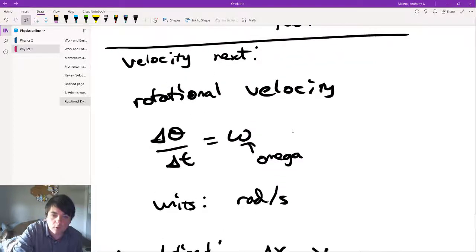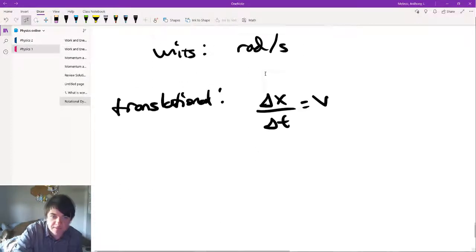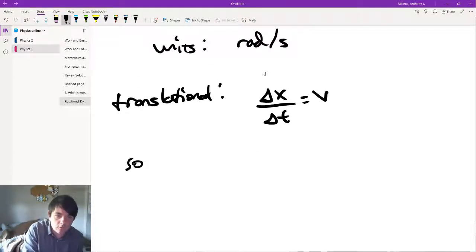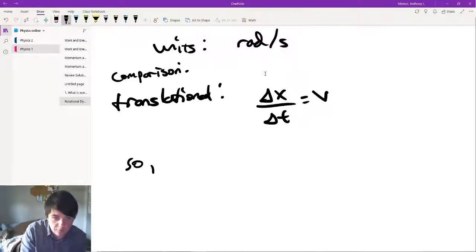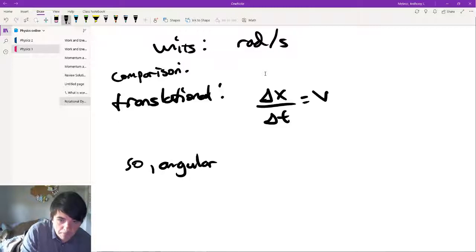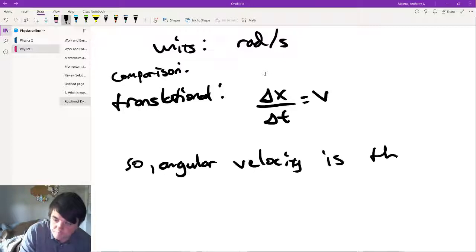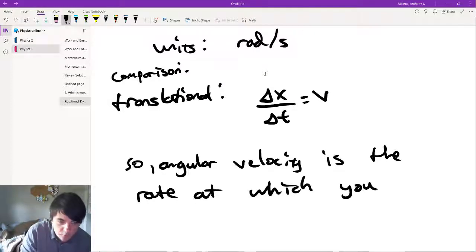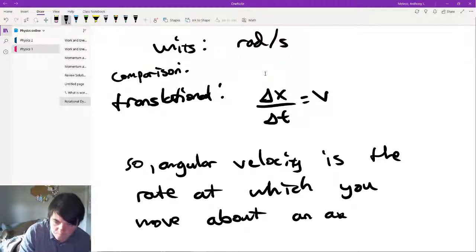Right? So there's your comparison to that. Okay, so this is the rate. Angular velocity is the rate at which you move about an axis of rotation.